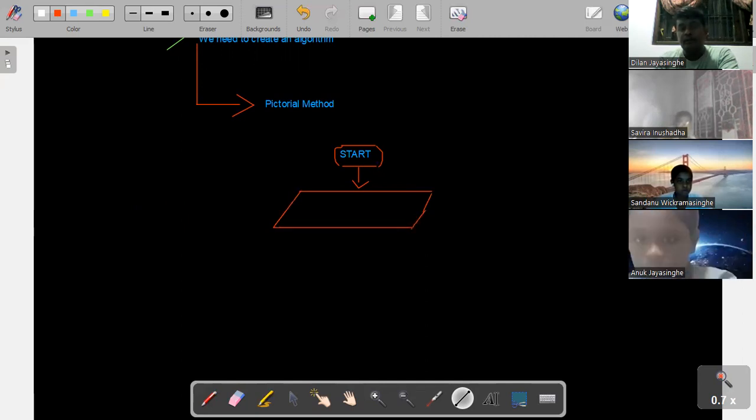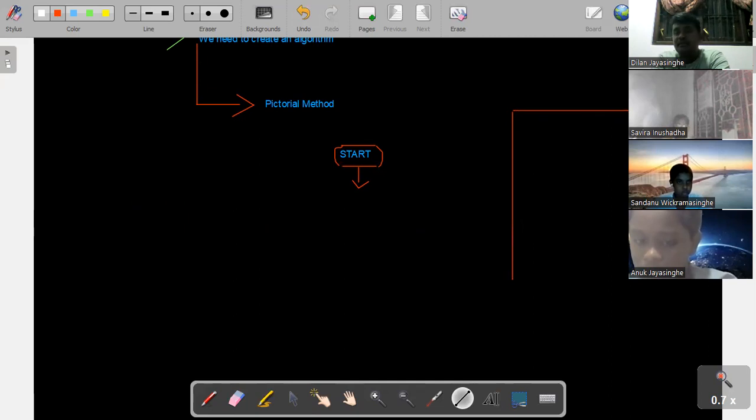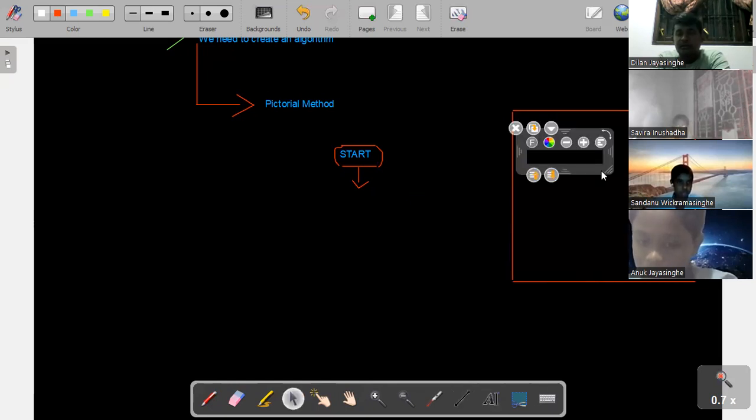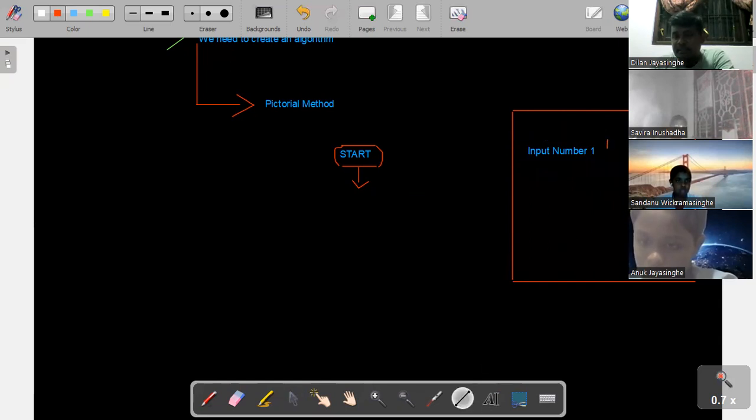We need to input numbers, right? Actually, in a program, let's think this is the created program to calculate the numbers. At the beginning it mentions input number 1, right? Here there's a little space to put number 1. This will be the final appearance of the created program, right?